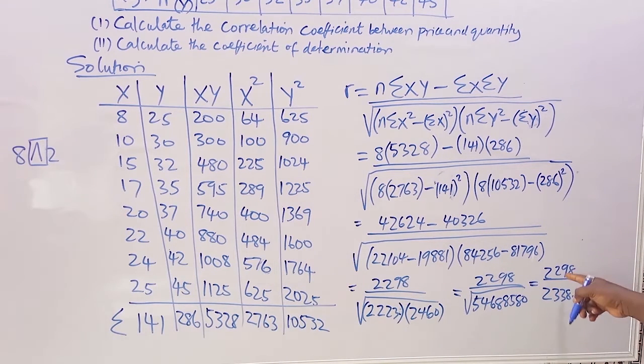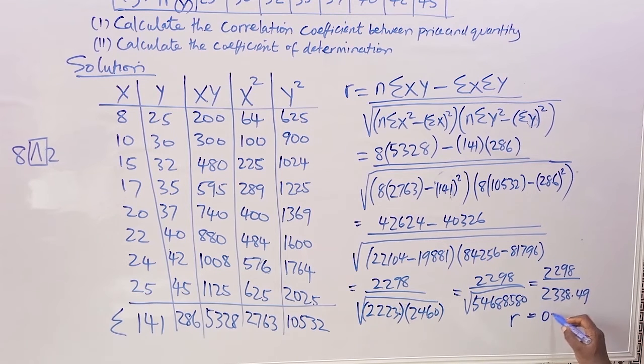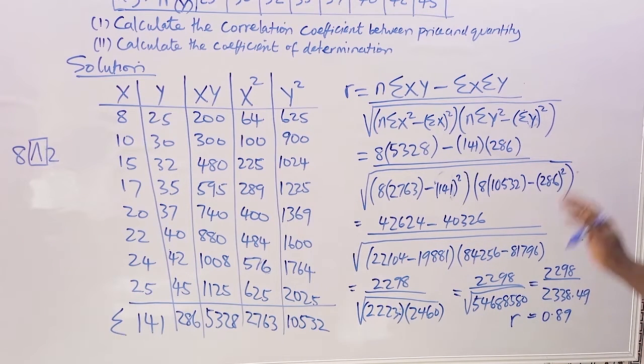And the ratio of this over this, what we're going to have as our R, the correlation coefficient, is going to give us 0.89.